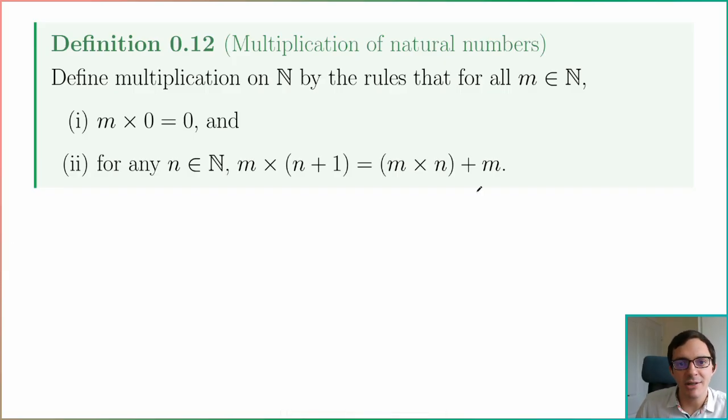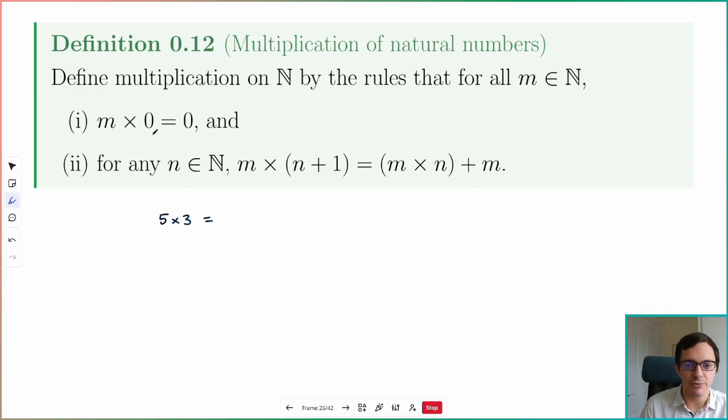This is pretty terrible as a definition in terms of practical applications. For example, if you want to do 5 times 3, then I can't use this rule because 0 is not the second number. I'd be looking at doing 5 times, well, it's 2 plus 1, isn't it? So that's 5 times 2 plus 5. And then, oh my goodness, this is a recursive definition, so I now have a times symbol in here as well.